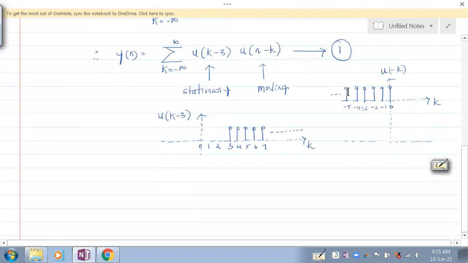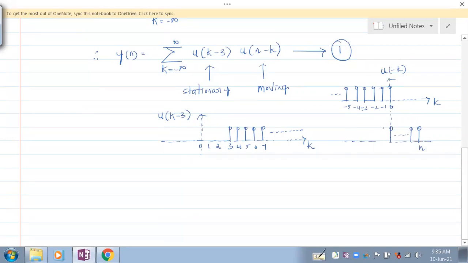N minus k means you should push this signal towards the right by n units. I don't know what n is, so this is my n. This is my n minus 1. And this is your 0th sample. Minus 1 sample, minus 2 sample. So it is this, and it is 1 throughout. So this is u of n minus k.